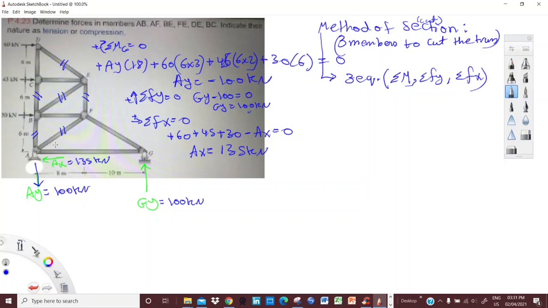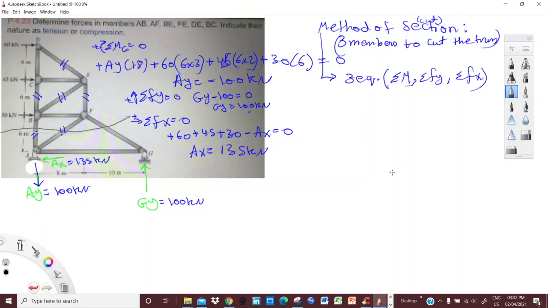So let's start. I will use the downward part to start with. Let's do the cut.